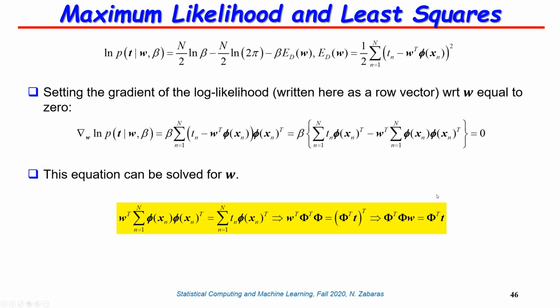Now, I'm going to show you the algebra in the next slide, but effectively, the system of linear equations that you get is this design matrix: phi transpose phi times W equals phi transpose T, where this capital phi, you will see soon, is basically the basis functions evaluated at all the training data points x1 to xn.